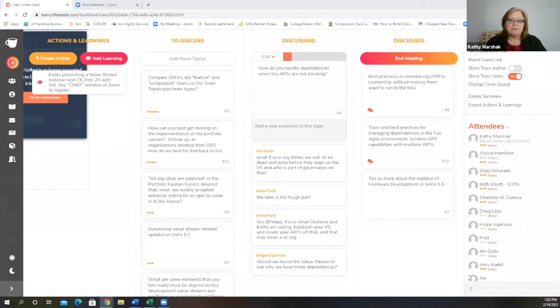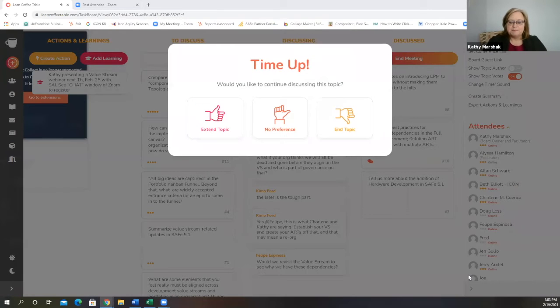So again, the more you understand about value stream identification, ART design, how to run simulations to test your ART design and understand the benefits and drawbacks of potential ART design options, it really does help clarify things within your organization.